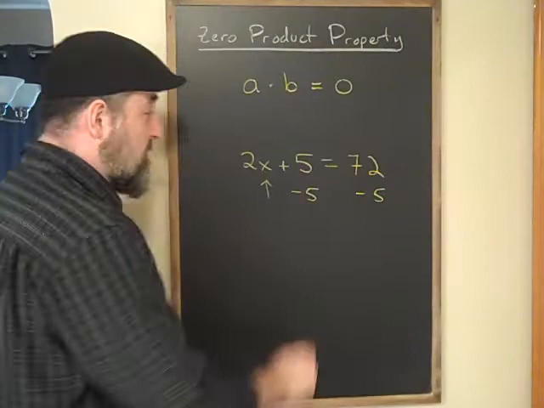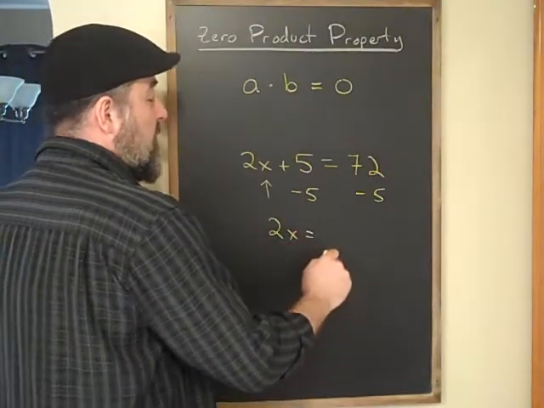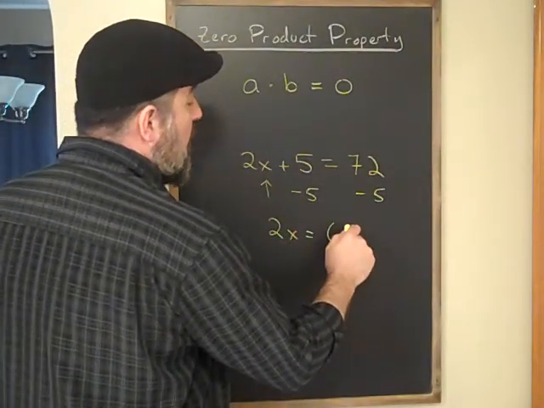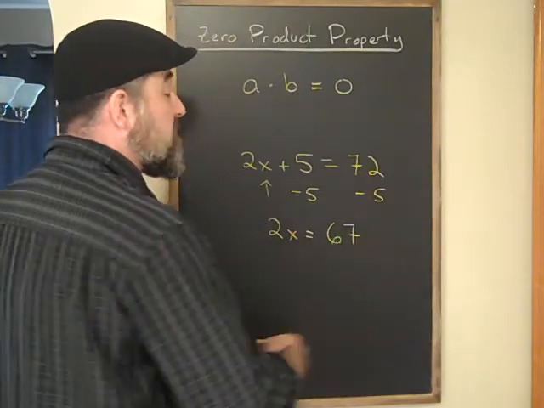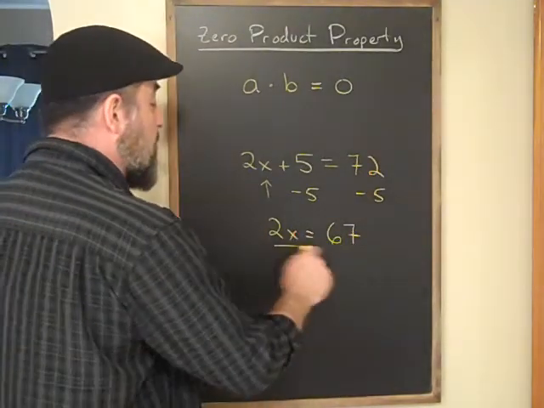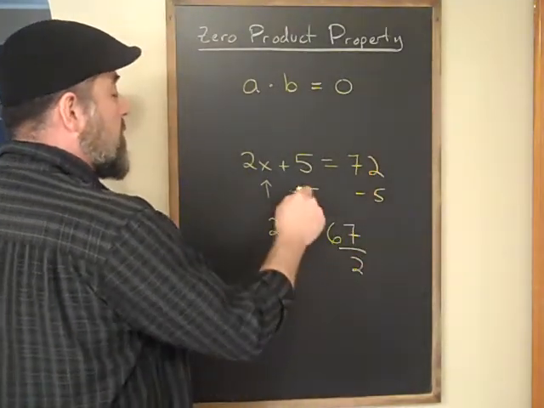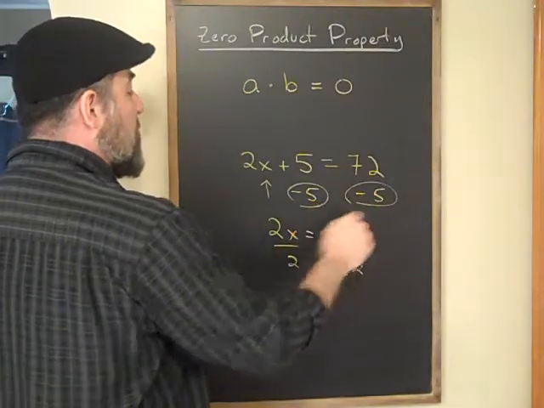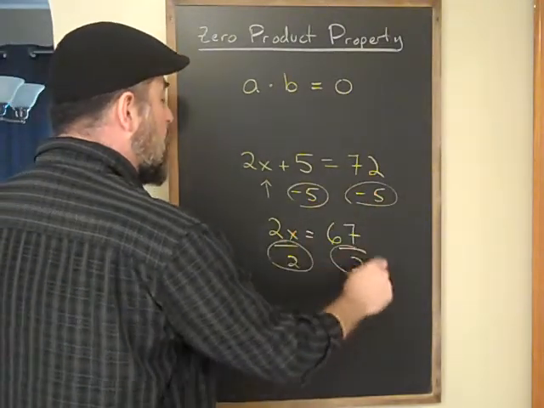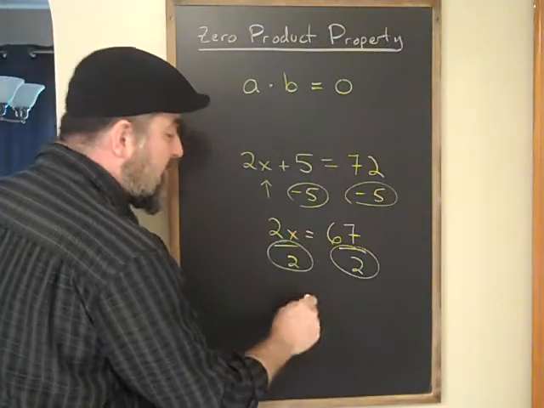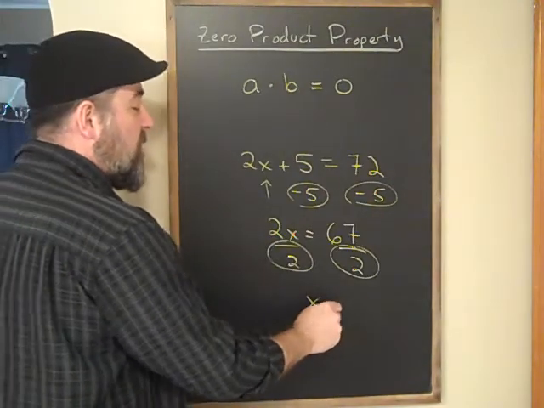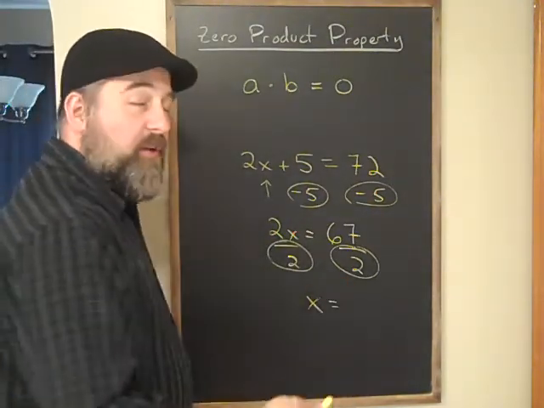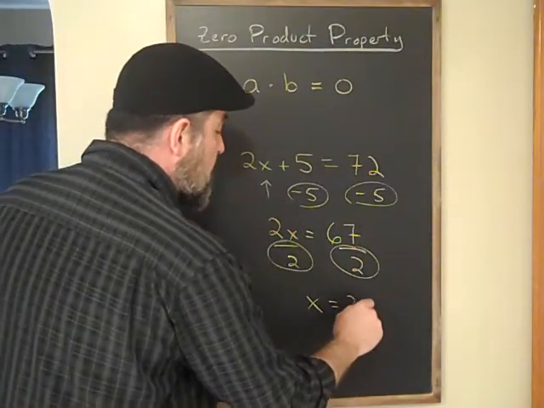You subtract 5 from both sides to get 2x is equal to 67, and then you divide both sides by 2. This action of subtracting 5 from both sides, this action of dividing by 2 on both sides, gets x by itself, and that's how we ultimately get our answer for what x is.